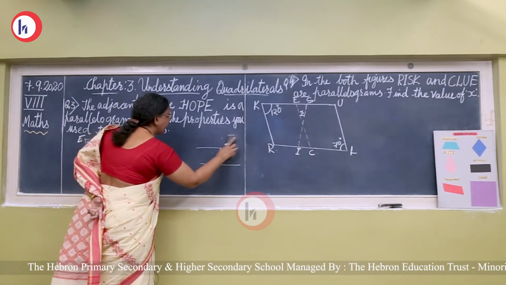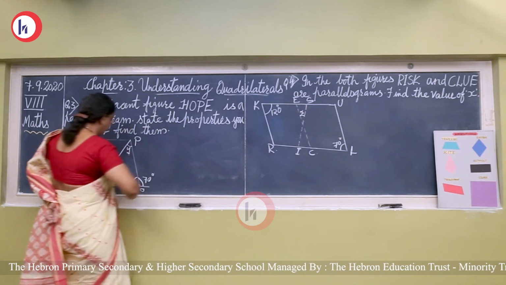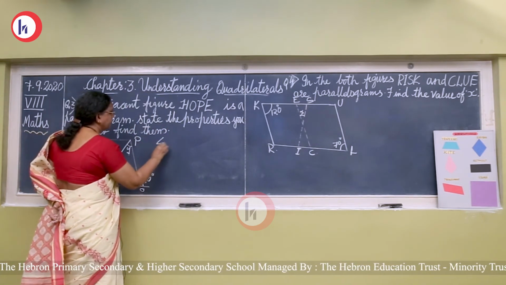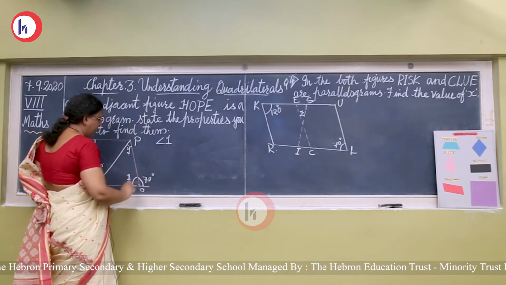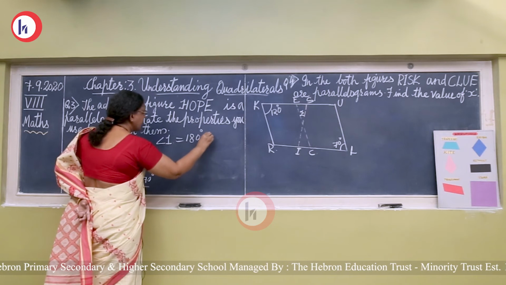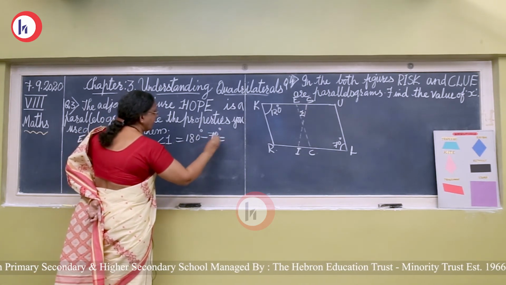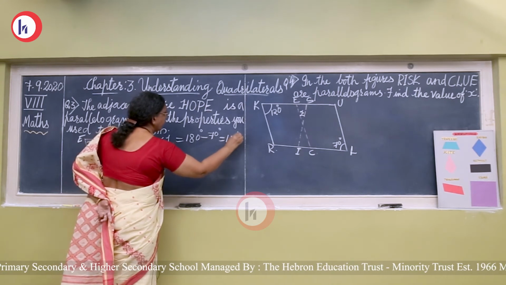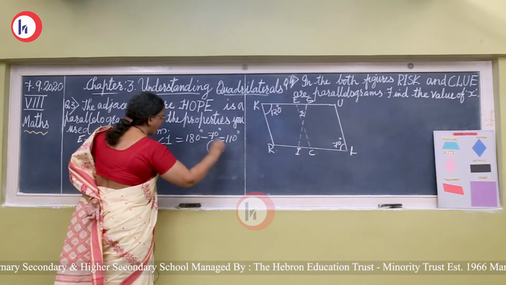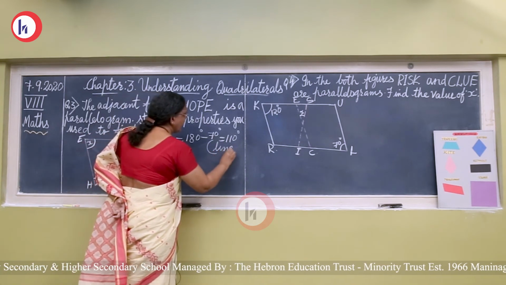So how will you write it first? Come on. Angle 1 is equal to 180 minus 70 degrees, and our answer will be 110 degrees. Now, which property is used? Both are linear pairs, so we'll write linear pair.